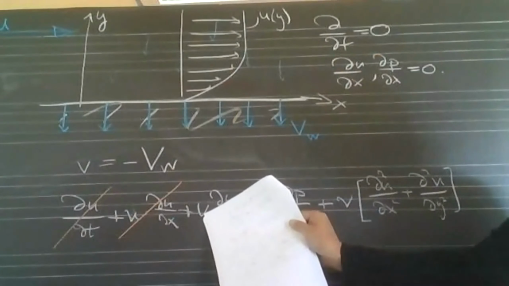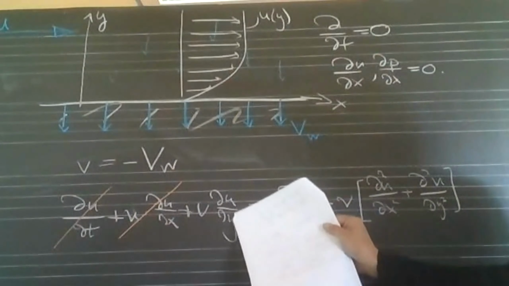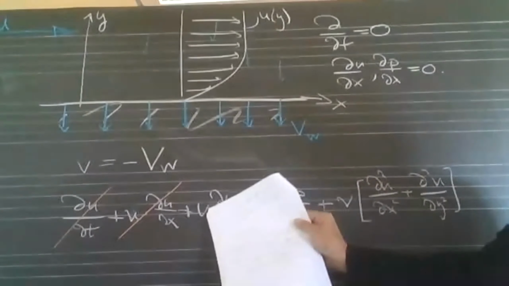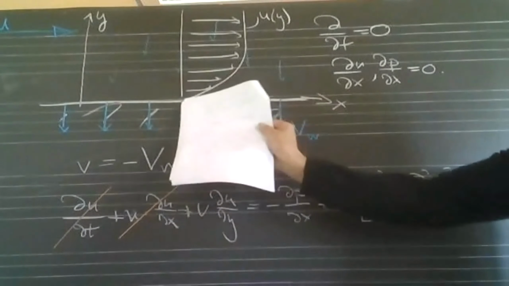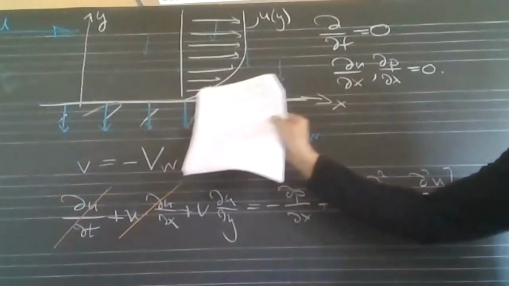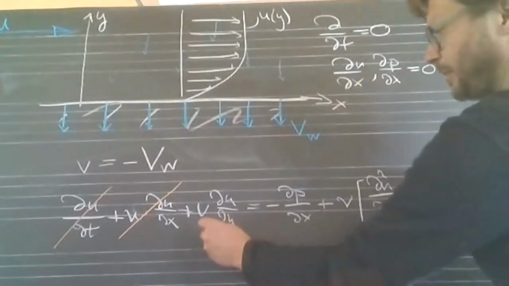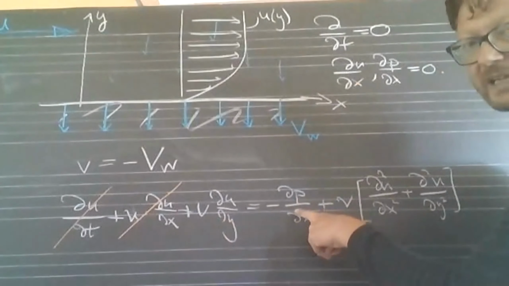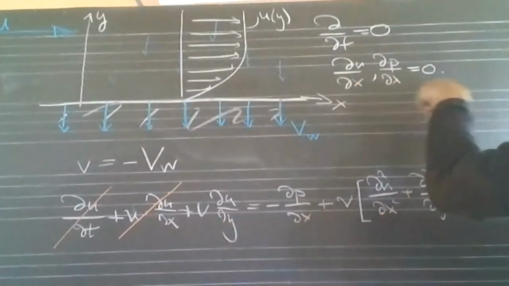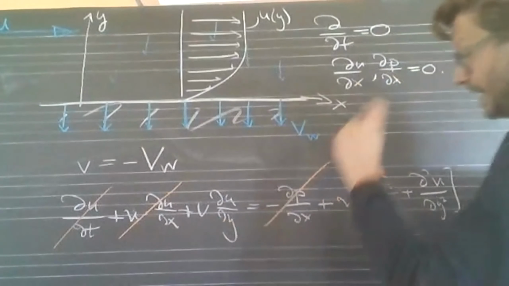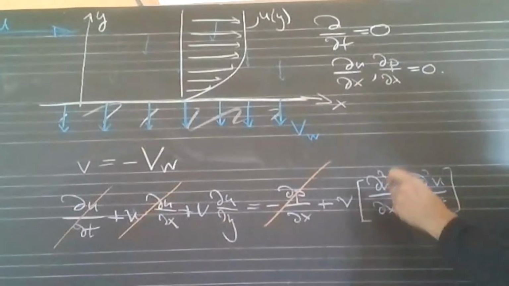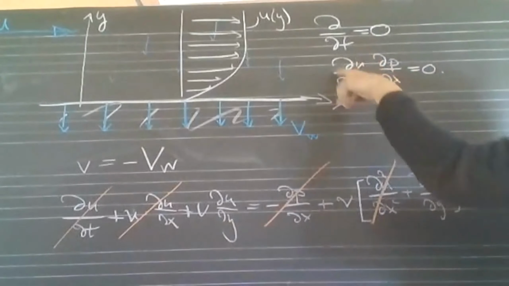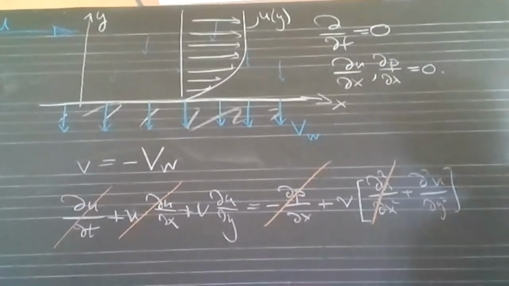This term here, v du dy, we cannot throw out because v is non-zero, and du dy will also be non-zero. dp dx, again, we impose that there's zero pressure gradient. And out of the viscous term, the second derivative in x goes away because we assume nothing is changing, and the one in y remains.